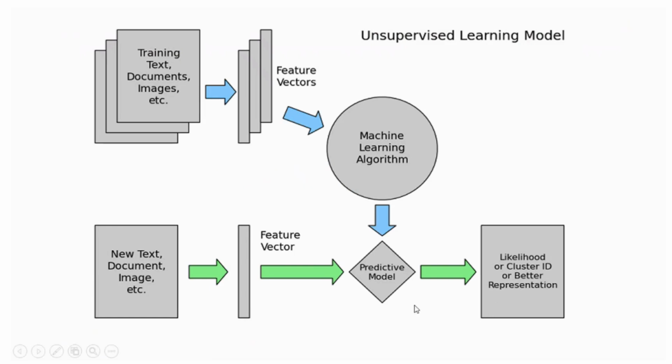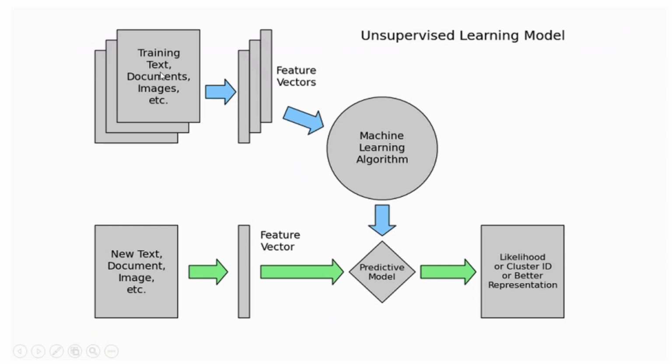Unsupervised learning. Look at this image, which is much similar to supervised learning, but one thing is missing. I hope you have predicted what that one thing is. Here there is no label. The machine learning algorithm takes a training set which does not have labels, only blank features.